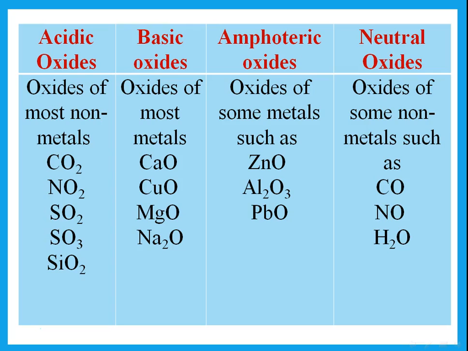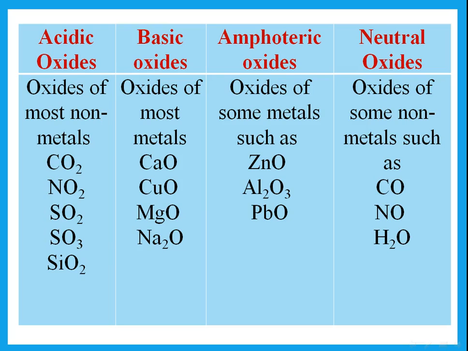So NO is neutral. Of course, the oxide of hydrogen is neutral, because oxide of hydrogen is what we call water, and that is neutral. Okay, so oxides of most non-metals are acidic, except carbon monoxide, nitrogen monoxide, H2O. These are neutral.